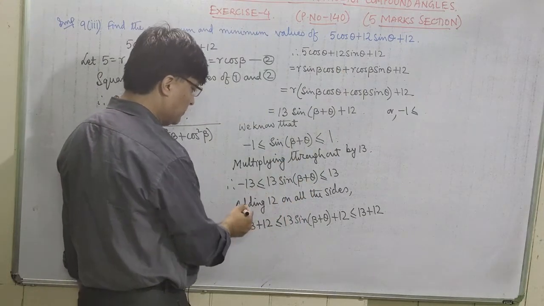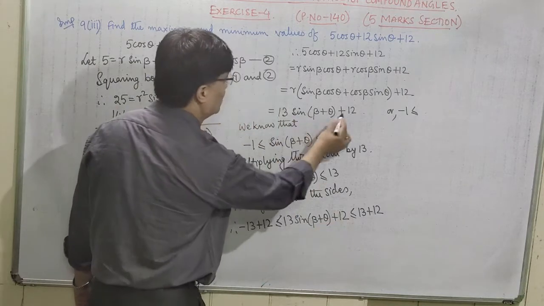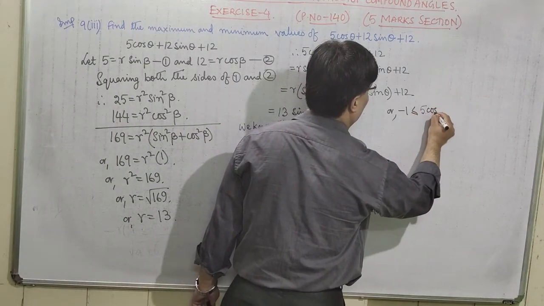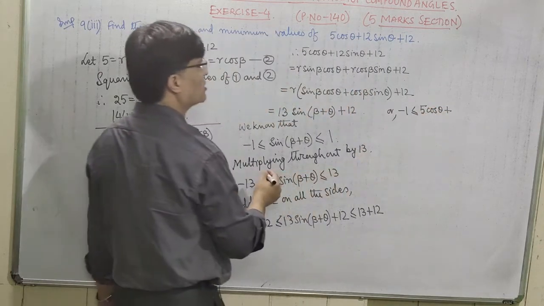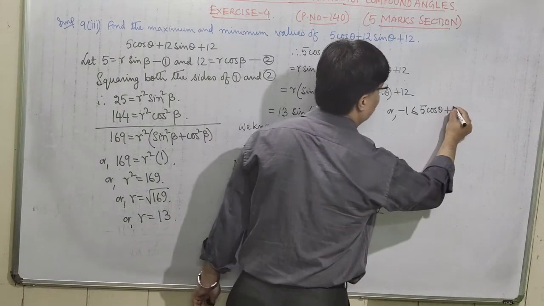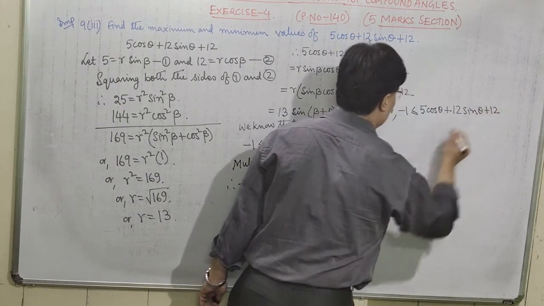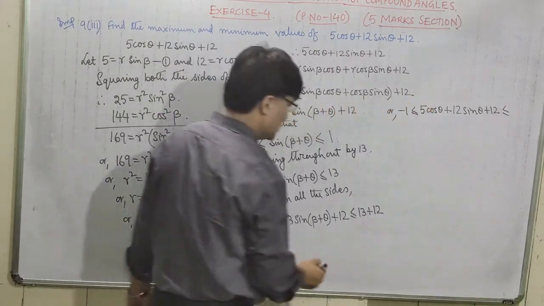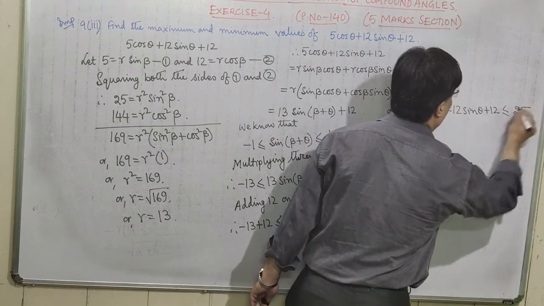So let us write here minus 13 plus 12 is minus 1, less than or equal to 5 cos theta plus 12 sin theta plus 12, right? Less than or equal to what? Less than or equal to 13 plus 12 is 25.